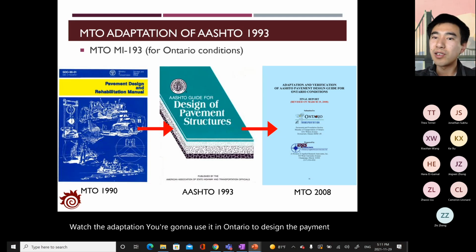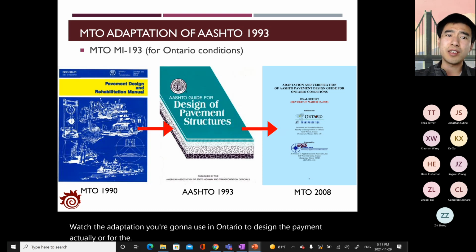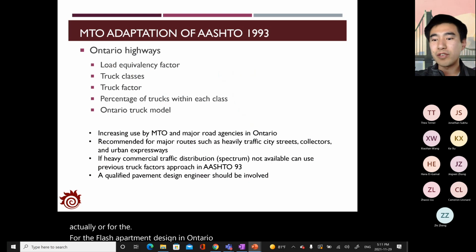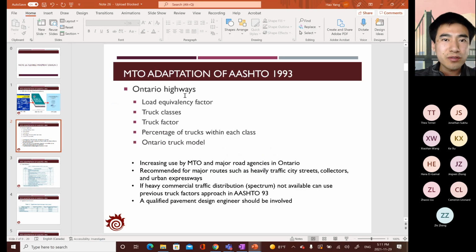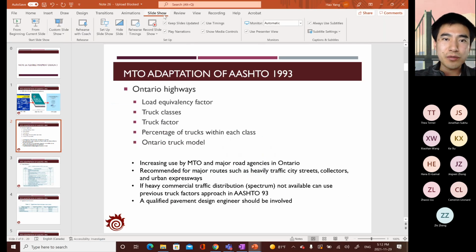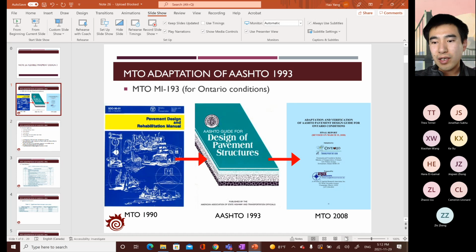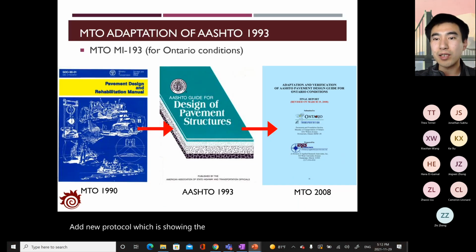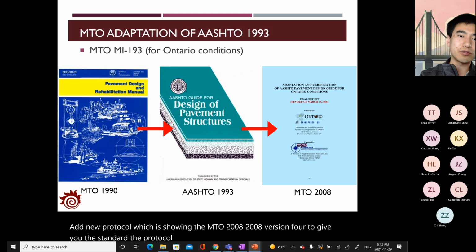For flexible pavement design in Ontario, we apply the same procedure of the AASHTO 93 method, but we make some slight modifications and get a new protocol, the MTO 2008 version, which gives you the standard protocol for you to design the road in Ontario.